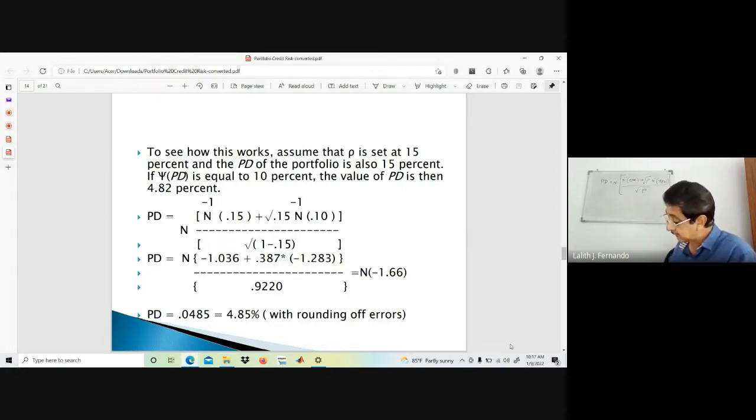In order to do these calculations, you need to have normal curve tables. And those tables I will provide you with the help of IBSL.